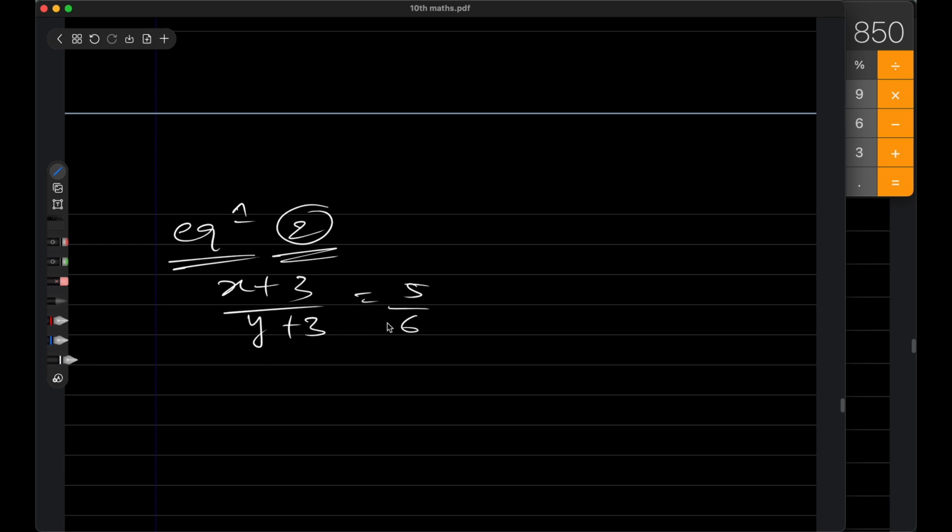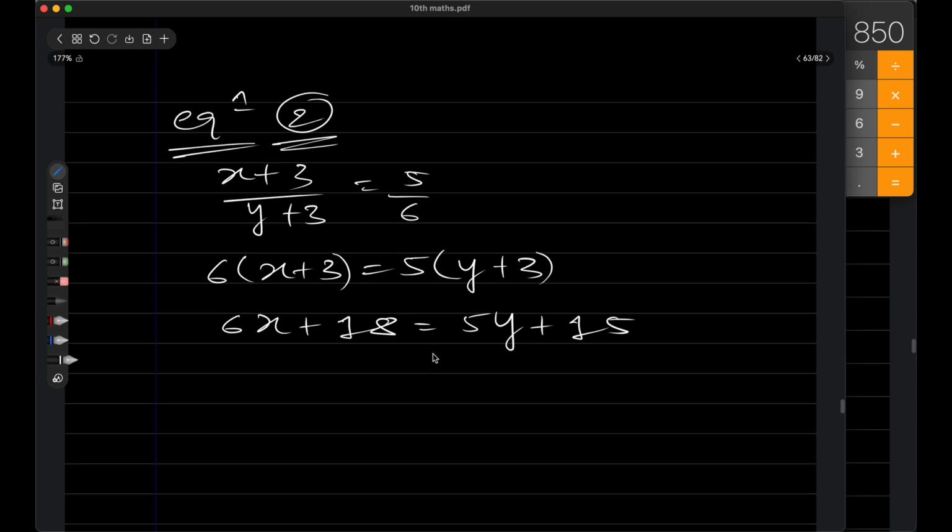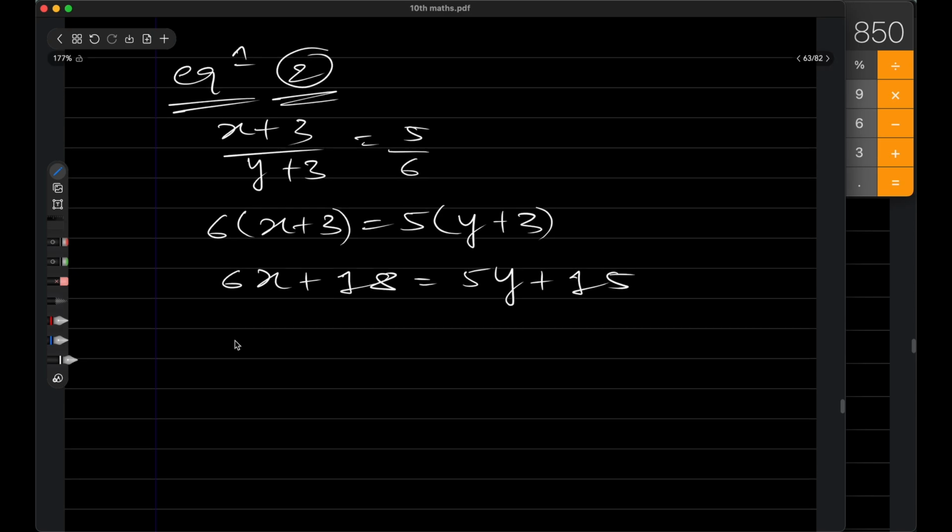Send 6 and y plus 3 to the numerator, we will get... send x and y terms to the left hand side and the constant term to the right hand side.